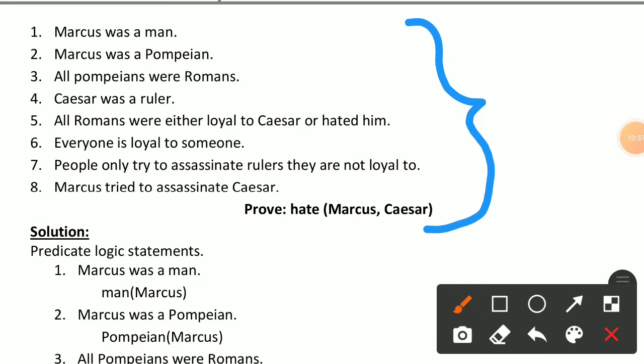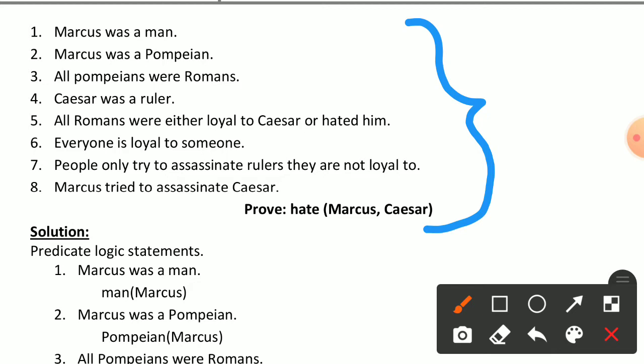First is Marcus was a man. Second is Marcus was a Pompeian. Third is all Pompeians were Romans. Fourth is Caesar was a ruler. Fifth is all Romans were either loyal to Caesar or hated him. Sixth is everyone is loyal to someone.